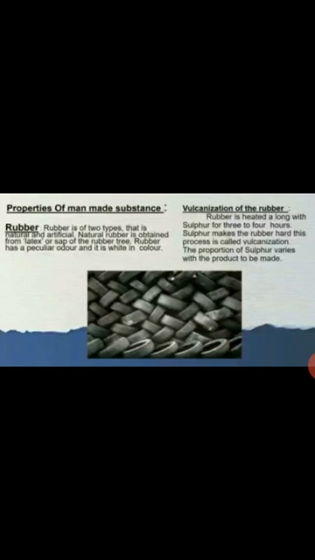Like erasers, rubber balls, rubber toys, all have varying proportions of sulfur in them. So according to the material, the sulfur is added in the process. In rubber bands, the proportion of sulfur is very less.